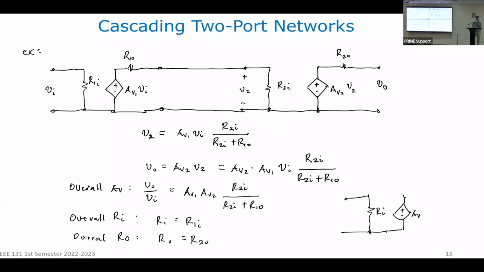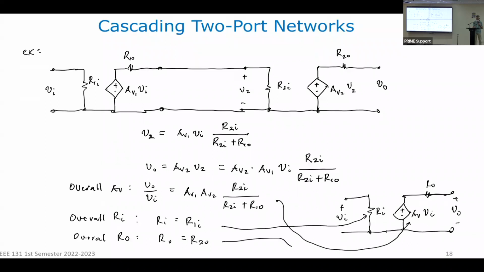This is going to be my AV, V sub I. This is V sub I. And this is going to be my R sub O. Where AV is this, this is R sub I, this is R sub O. So I'm just showing you that when you have two two-port networks, it's possible to combine them so that you have just one two-port model that represents the entire two-port network.